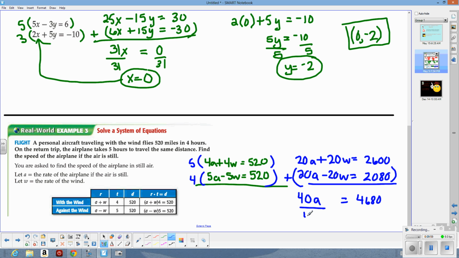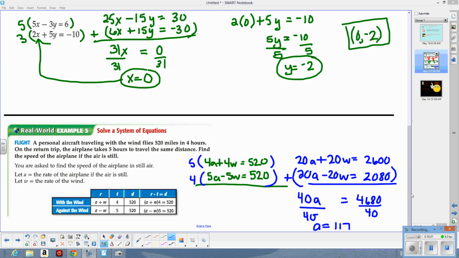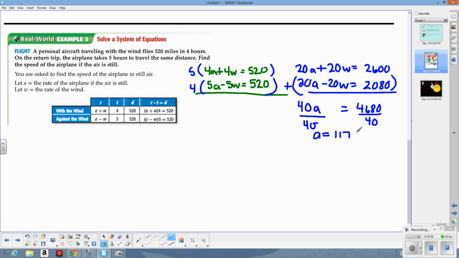Divide both sides by 40 to get a equals 117. So since a is the rate of the airplane if the air is still, it's 117 miles per hour.